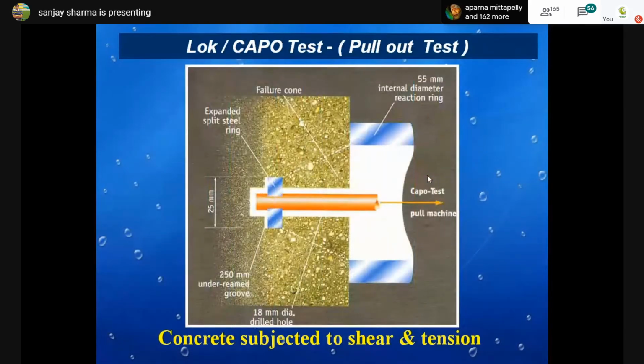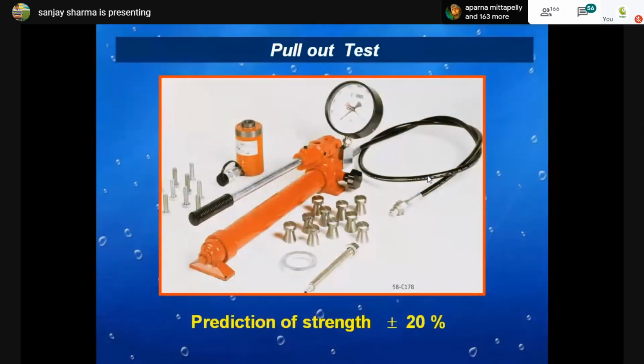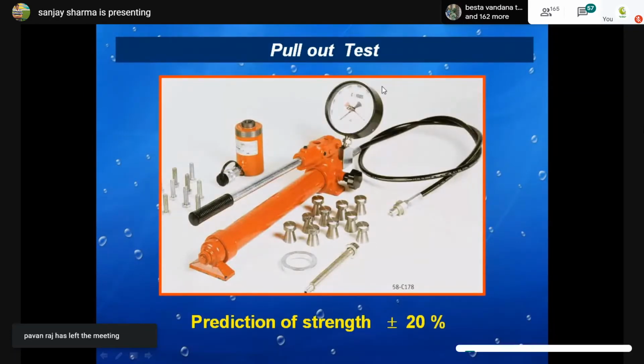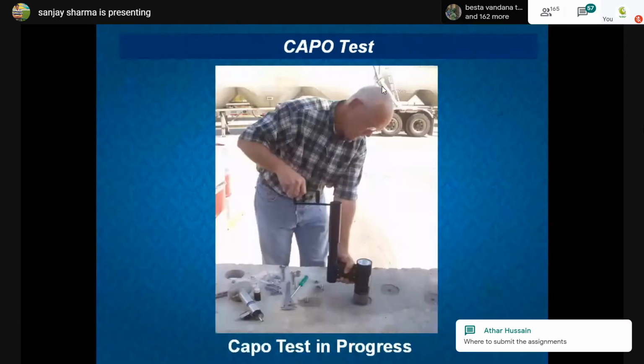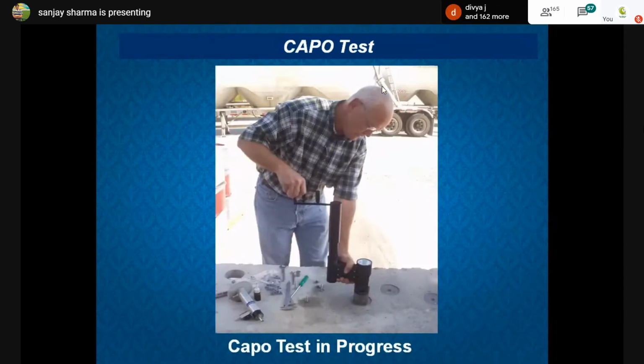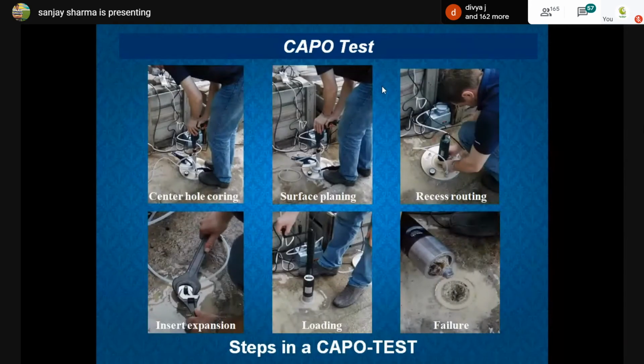So this is the CAPO test. This is the whole assembly arrangement. Prediction of strength is again almost plus or minus 20% as per the code.